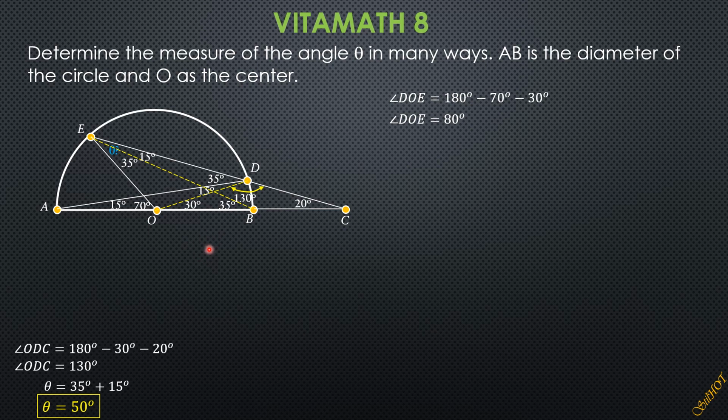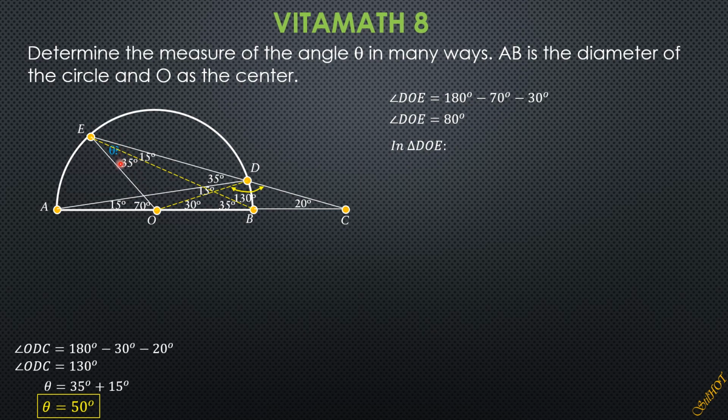And that 80 degrees here is this angle here. So in triangle DOE, assuming we do not know yet theta, but we know that this is an isosceles triangle.